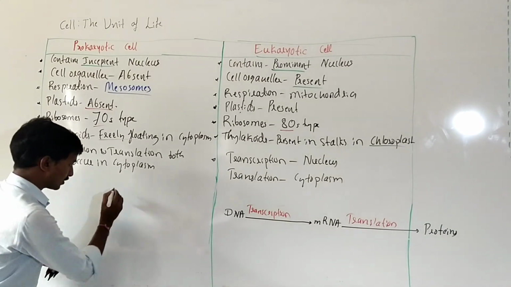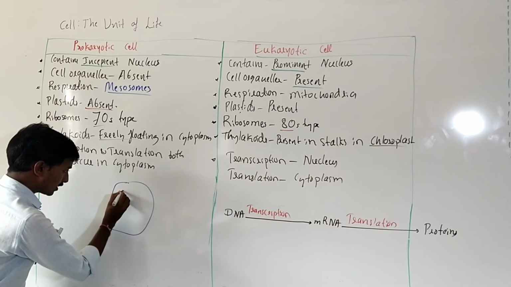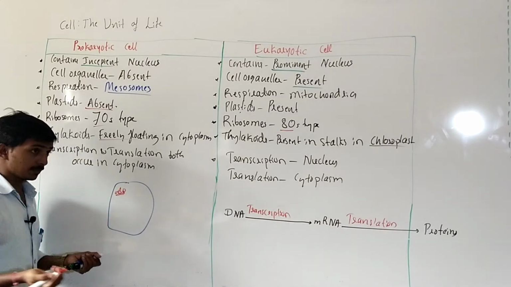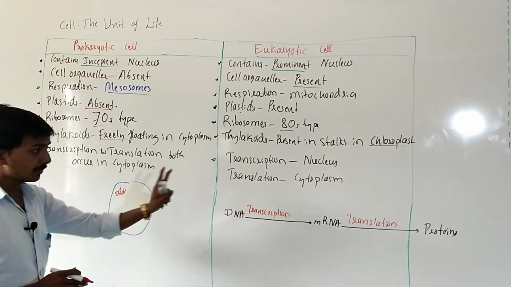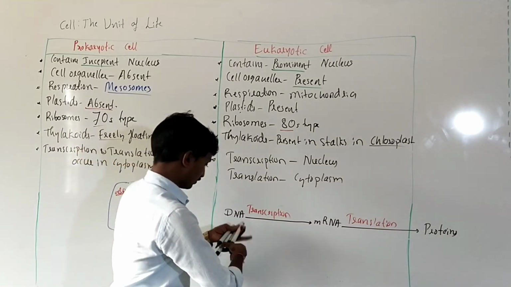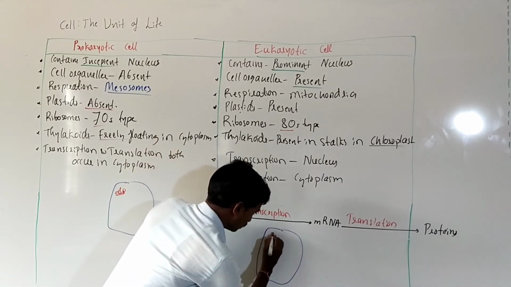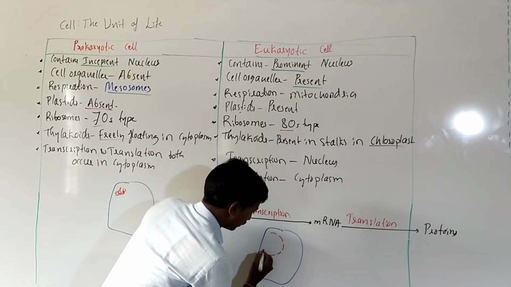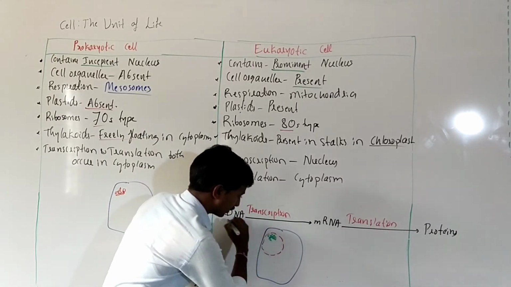In prokaryotes, only DNA is present, and the DNA is not covered by a membrane. But when we come to eukaryotes, inside the cell we have a nucleus that contains DNA.